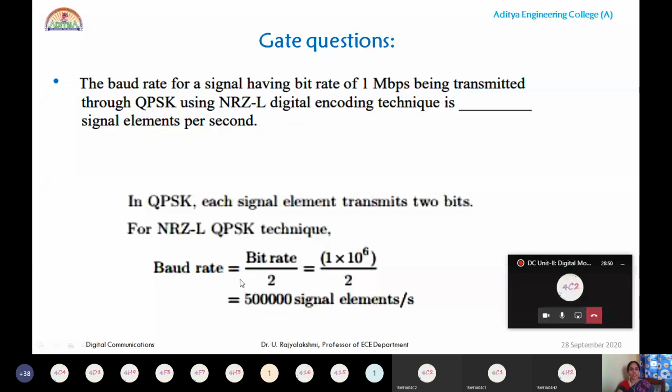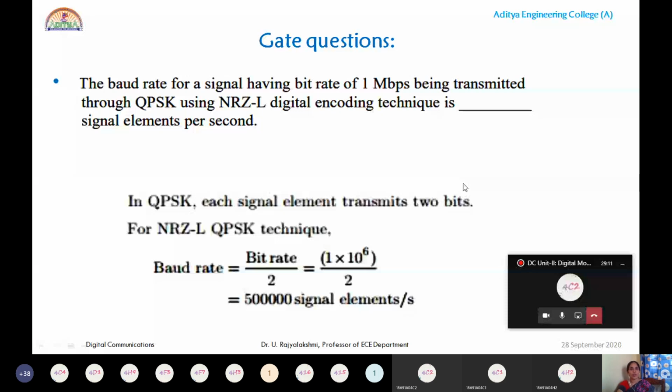Baud rate is equal to bit rate divided by n. In QPSK, n is 2. Substituting, it is 1 × 10^6 divided by 2, so it will be 5 lakh signal elements per second. This is the calculation of baud rate when given the bit rate.